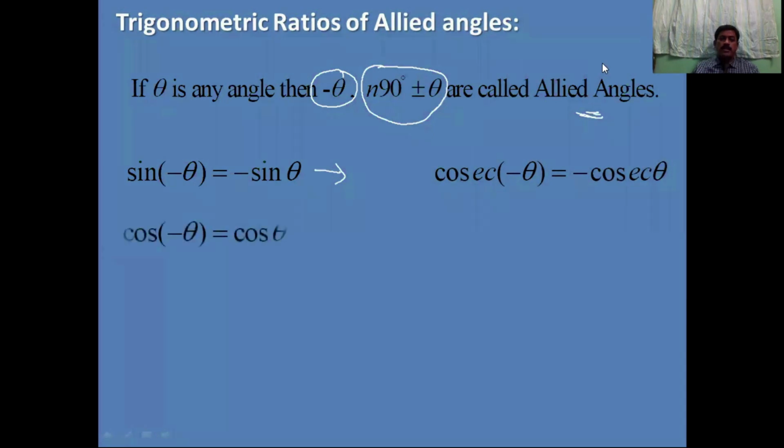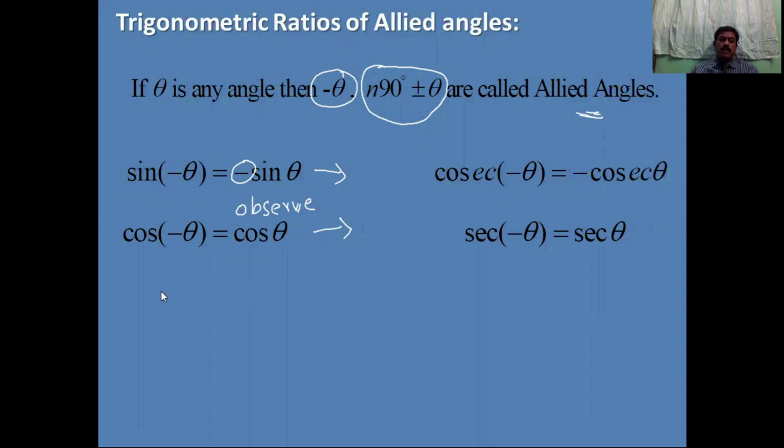Cos of minus theta equal to cos theta. The same way we can write secant of minus theta is secant theta. Here the sine of minus theta will emit the sine. Sine will emit the sine and cos will absorb the sine.